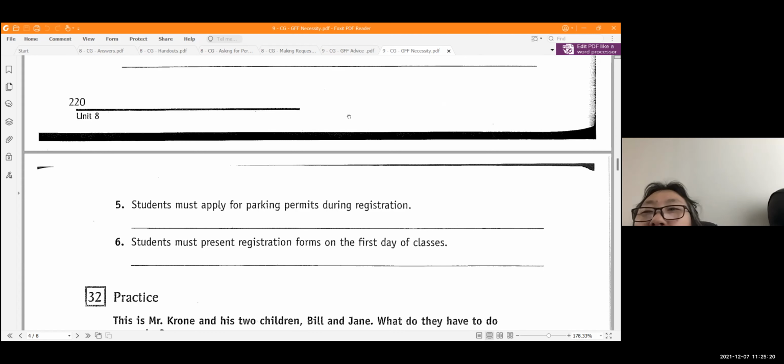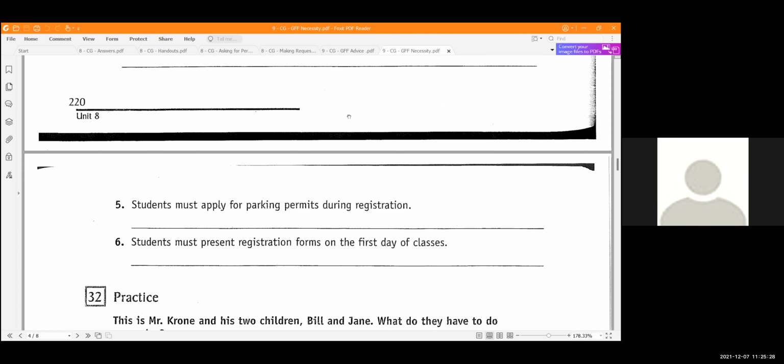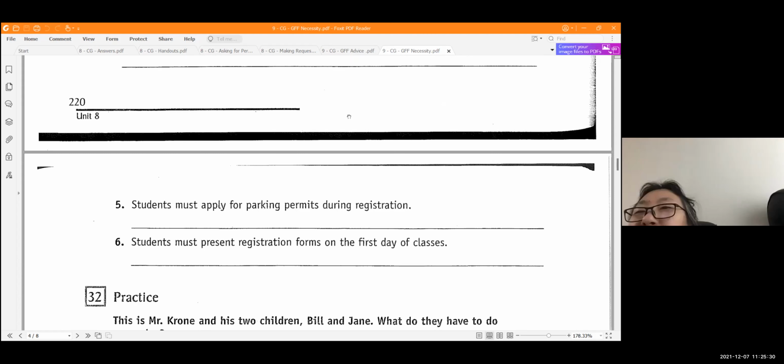Students must apply for parking permits during registration. Students have to apply for parking permits during registration. Okay.